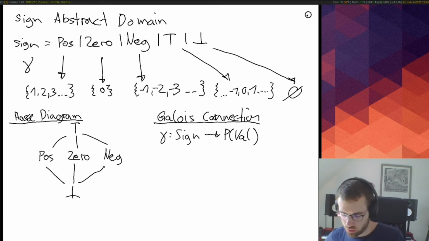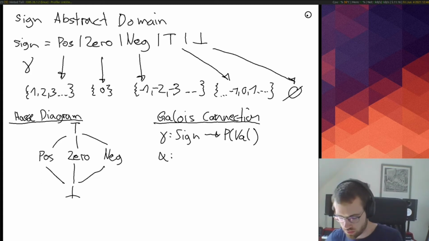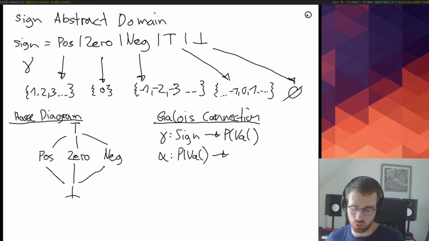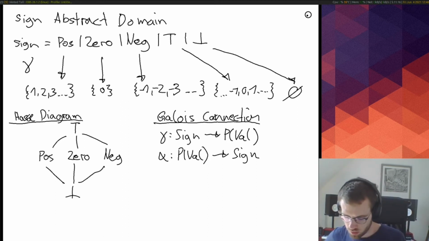But there's another function which goes in the other direction, which is called alpha. It's the abstraction function, which takes a set of values as input and it returns an abstract value as output. And in particular, this abstraction function returns the abstract value that most closely approximates the set. For example, we have the set -5, 3, -3 and -1.